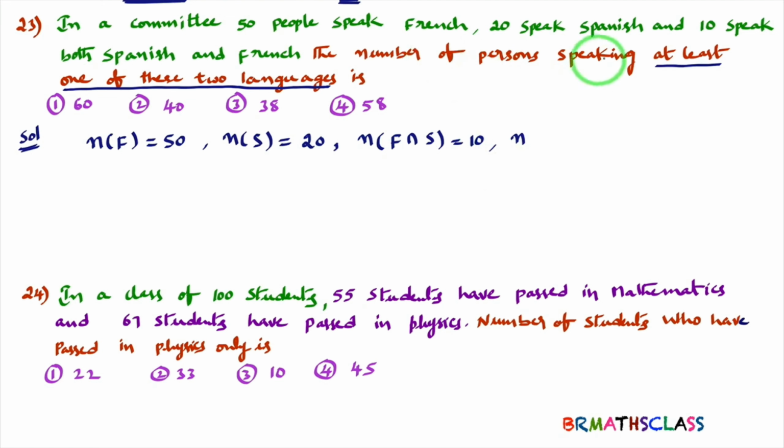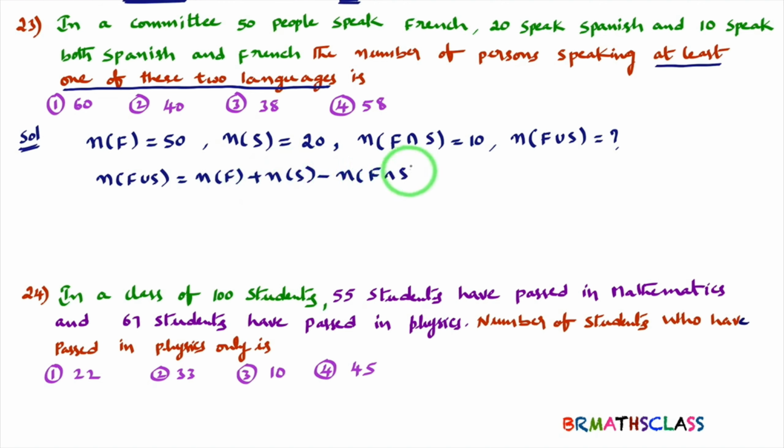The number of persons speaking at least one of these two languages means we need to calculate F union S. We know the formula: N of F union S equals N of F plus N of S minus N of F intersection S. N of F is 50 plus N of S is 20 minus N of F intersection S is 10. 50 plus 20 is 70. 70 minus 10 is 60.